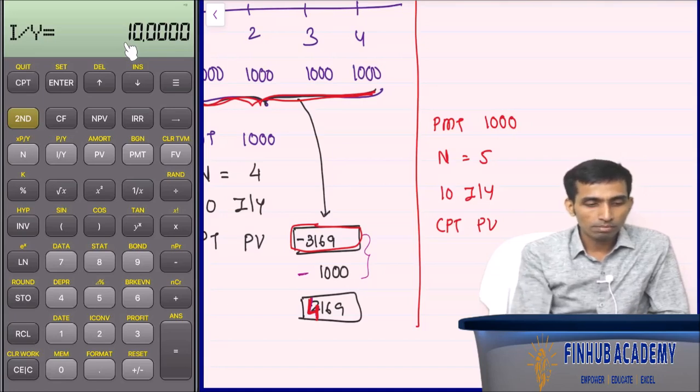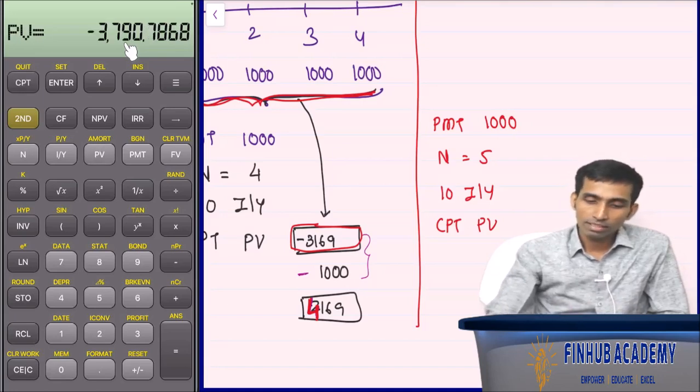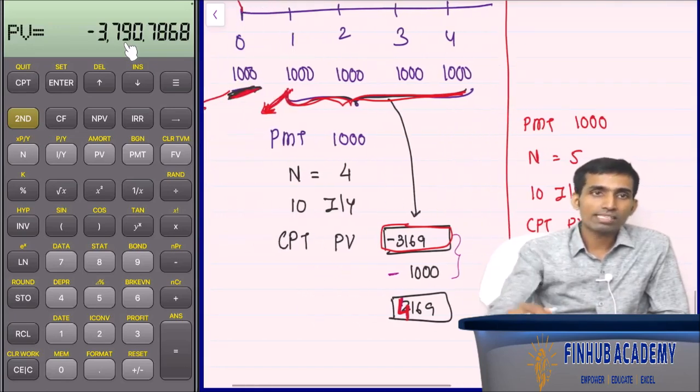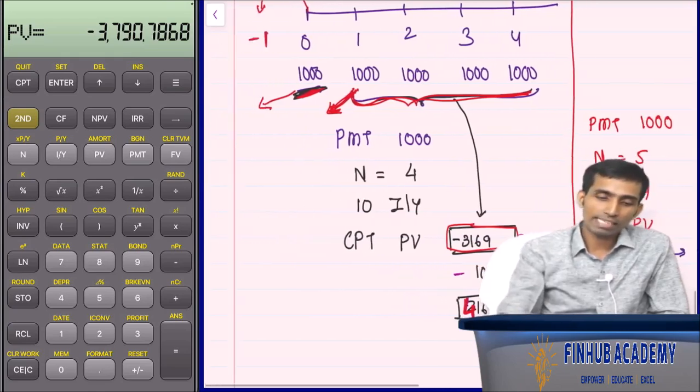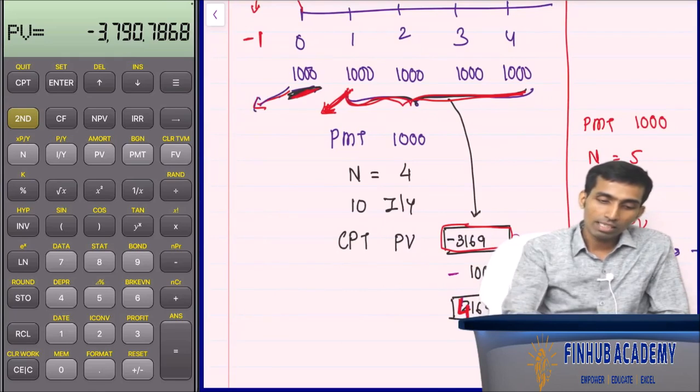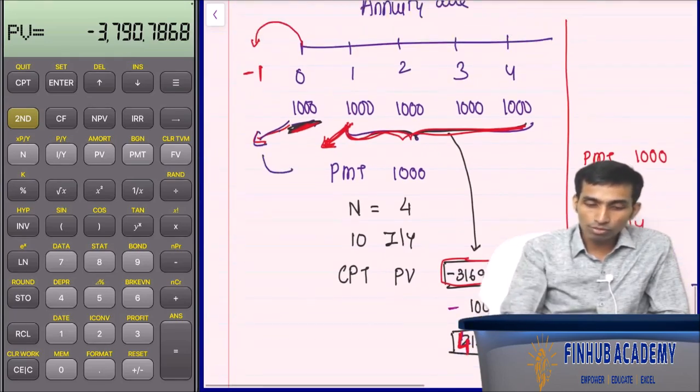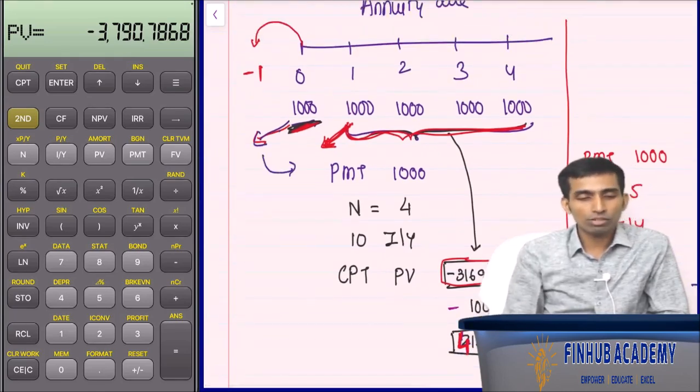Compute my PV. It is coming 3790, but this is standing at minus 1, one year back. So from here I'll have to take it into the future. To take it into the future, I'll have to calculate the future value. How many years? 1 year.